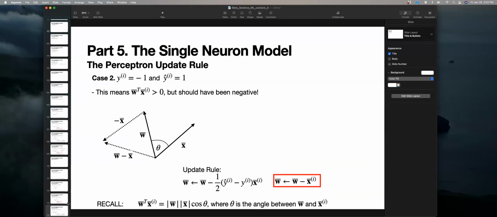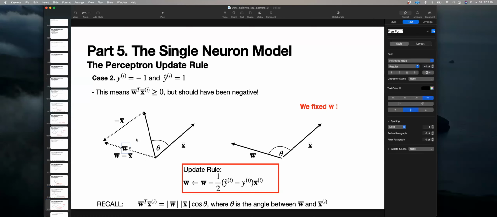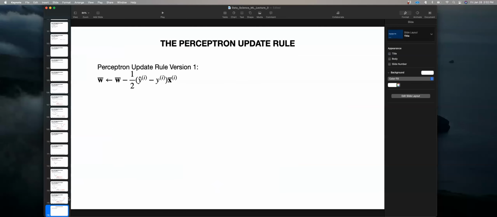This is the new vector that we get. And then there is the resulting w. And we fixed w bar. Look at the angle between them now. It's greater than 90, which means the next time that we encounter this xi, we're going to predict a -1. The dot product will be, now it'll be negative. The sign function applied to that dot product will tell us we should return a label of -1. So in both cases, this update rule works.